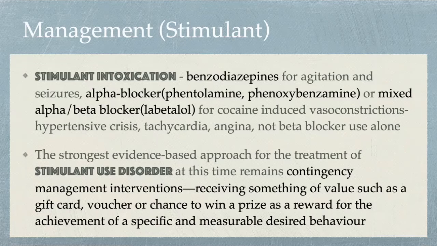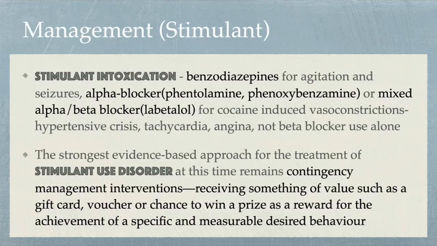Treatment of psychostimulant intoxication includes benzodiazepines to control the agitation and seizure. For cocaine-induced vasoconstriction, like the hypertensive crisis, tachycardia, and angina I mentioned, we can give an alpha blocker like phentolamine, phenoxybenzamine, or a mixed alpha-beta blocker such as labetalol.